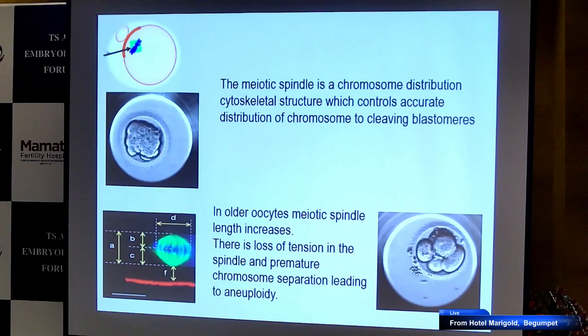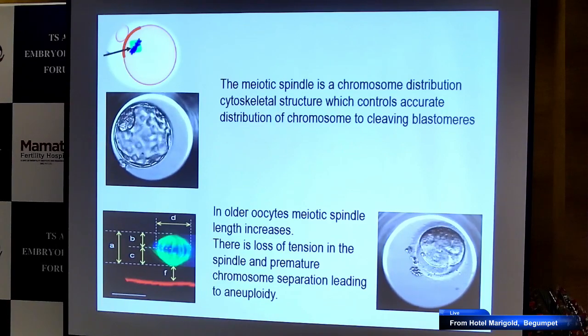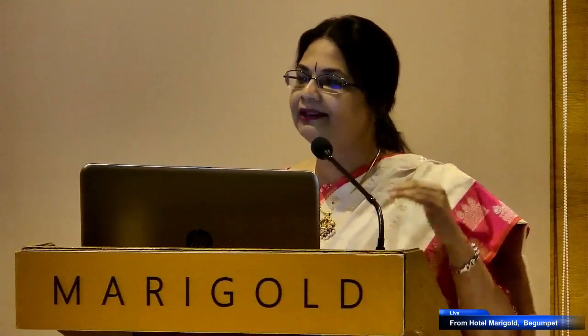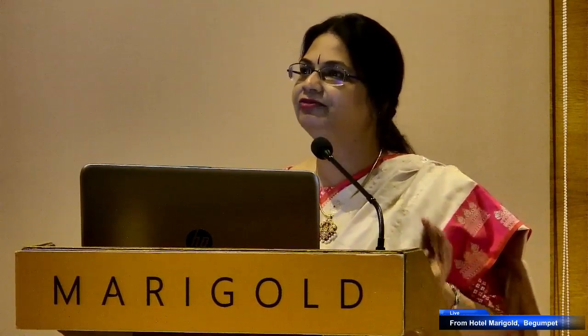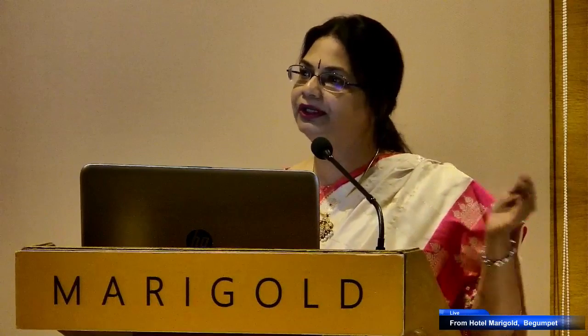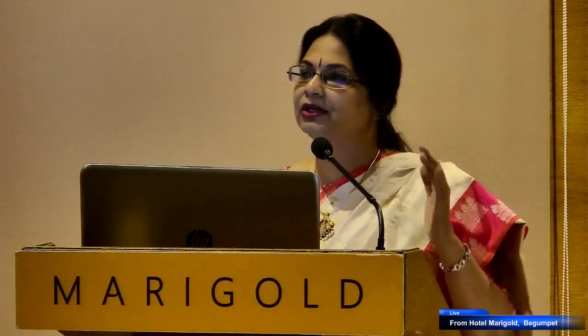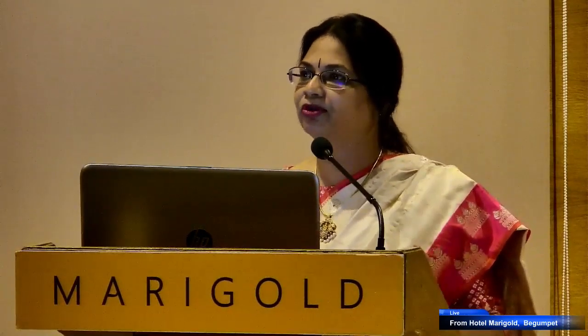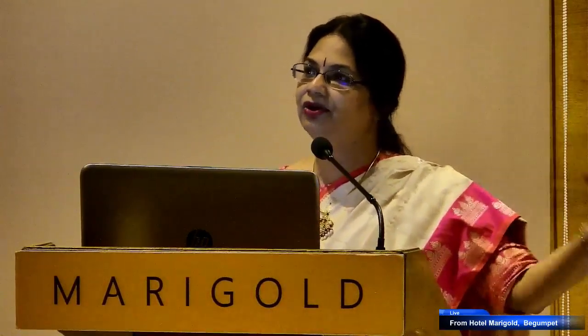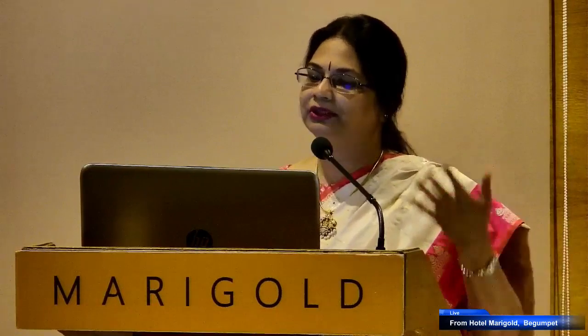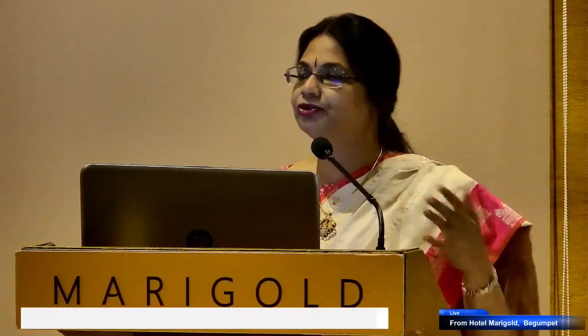Now, as the oocyte ages, this spindle undergoes certain changes. The length of the spindle increases, the tension of the microtubules drops, and there is premature chromosomal separation. And this is the key factor that causes aneuploidy in embryos. So just looking at some dysmorphisms which are known to occur because of the history of the oocyte is enough to tell us how the embryos are going to form.